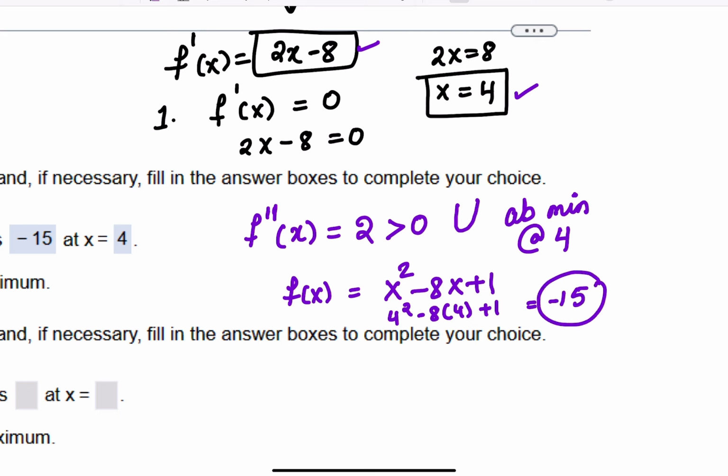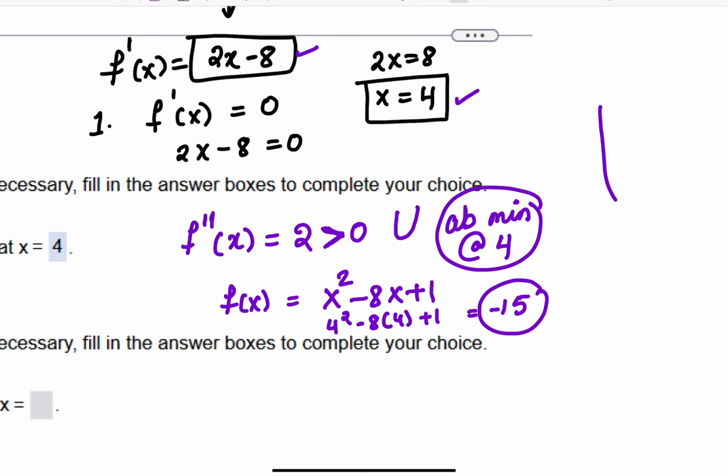I don't have an absolute maximum because the second derivative is only greater than 0, so I will only have an absolute minimum. When you graph this function, it's going to be something like this. I will have an absolute minimum, but the absolute maximum is going to be infinity.